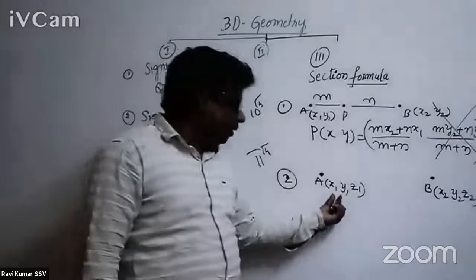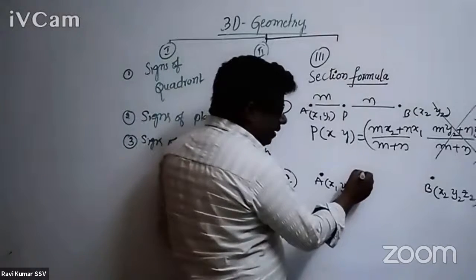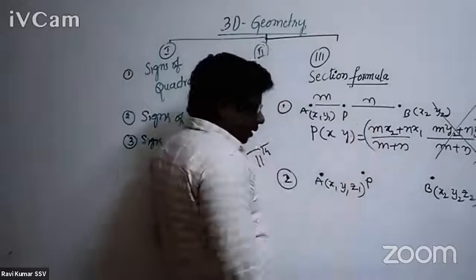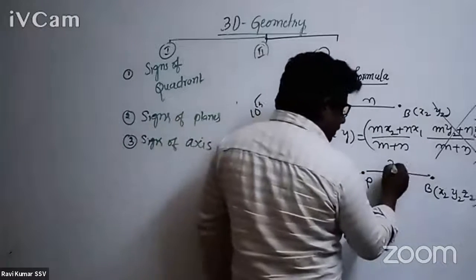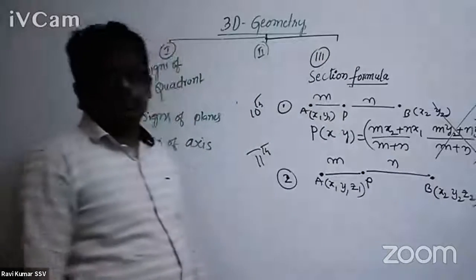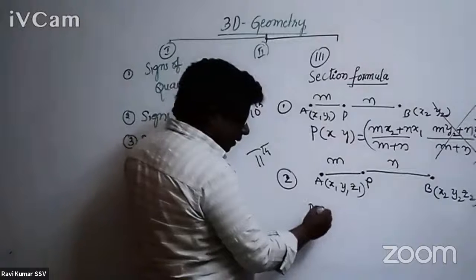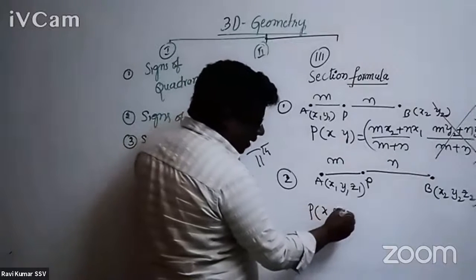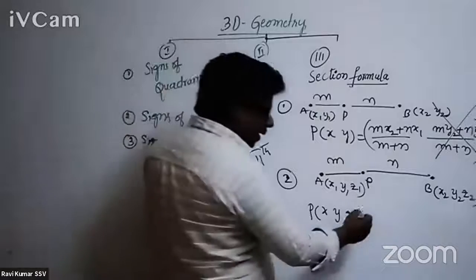Additionally, one more coordinate came. This is the P. Now the ratio between these is m and n. Then what is the formula to find out this P? P is equal to, it is denoted by x, y, and z like this. Then the formula, how can you write it?